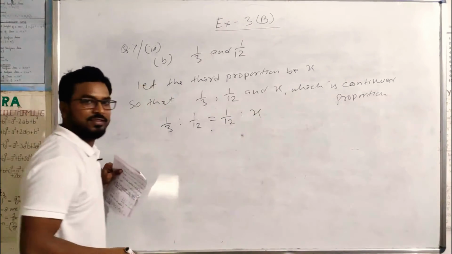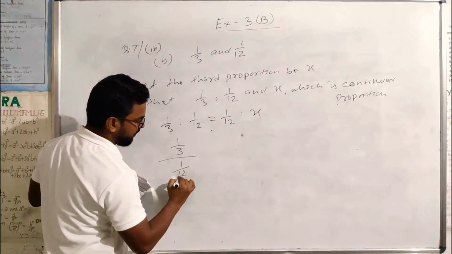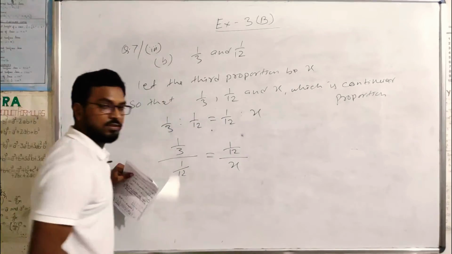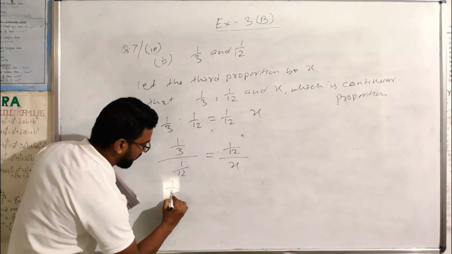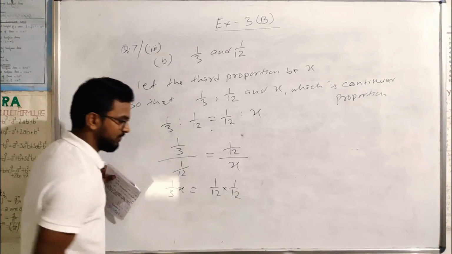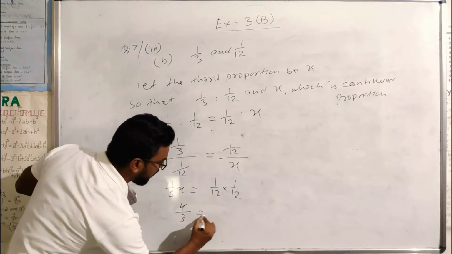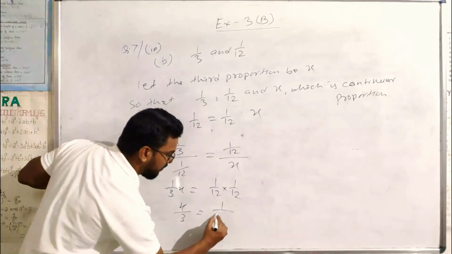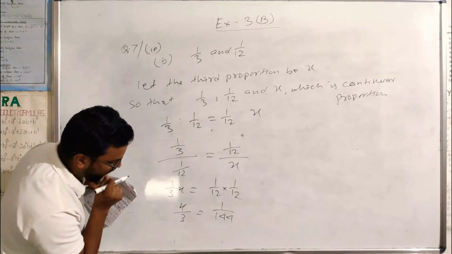ratio x. Okay. So this can be written as 1 by 3 by 1 by 12 is proportion to 1 by 12 ratio x. Okay. We'll cross multiply. If you cross multiply, it will become 1 by 3 x and this will become 1 by 12 into 1 by 12. So this one you can write x by 3 and this one 1 by 144. Now you just cross multiply. If you cross multiply, how much will you get?